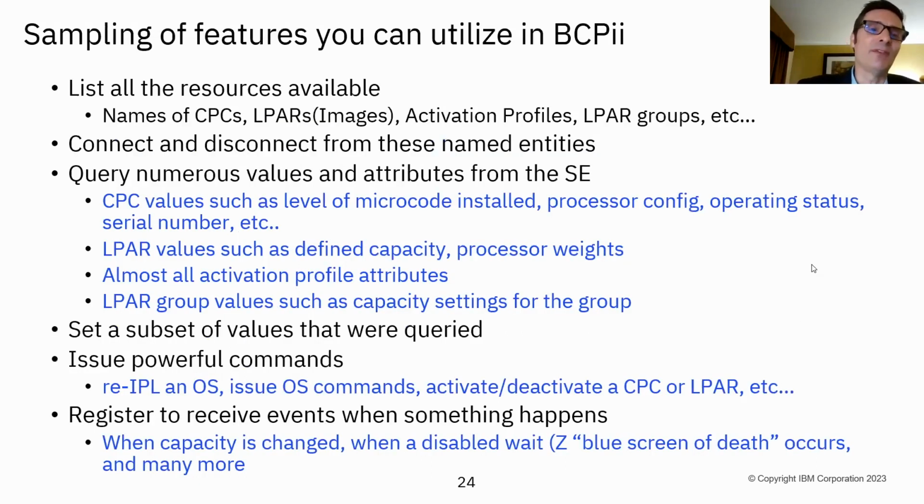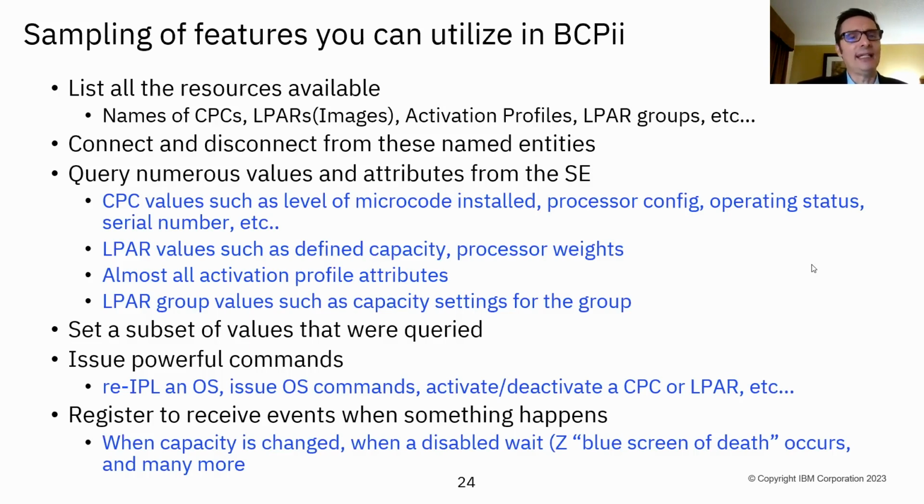So here is a sampling of the features that you can utilize in BCPii. Some folks will use it to generate a report of all of the hardware resources that are currently defined on the system, whether this is the names of the CPCs or the LPARs, the activation profiles, the LPAR groups, and the various configuration settings of all of those entities, to have a hardened copy of what my configuration looks like every day, for example.